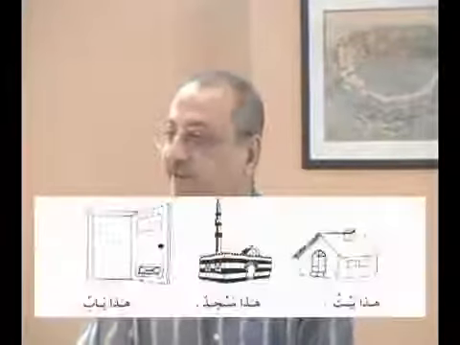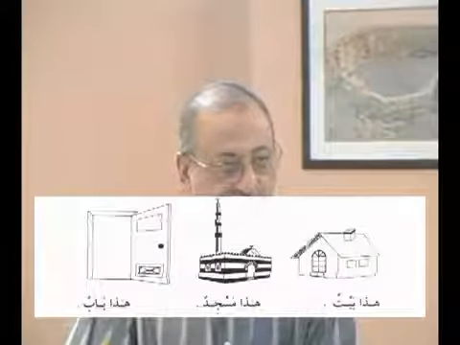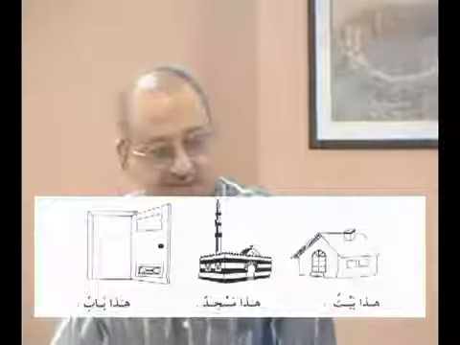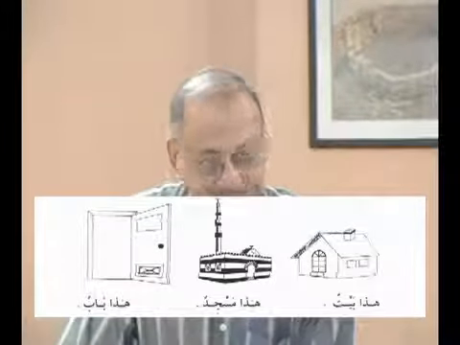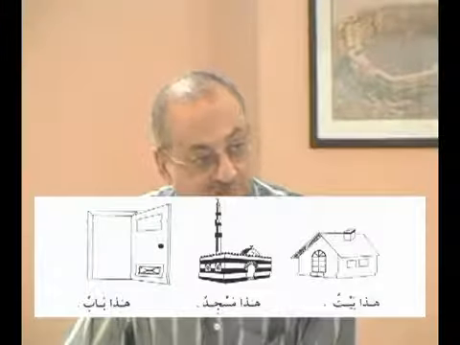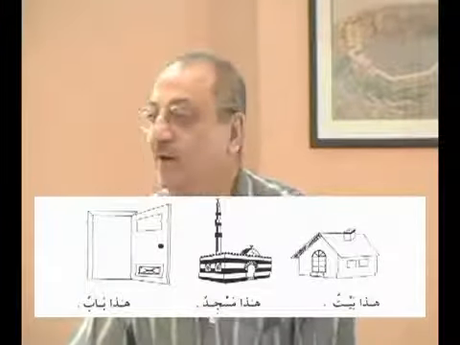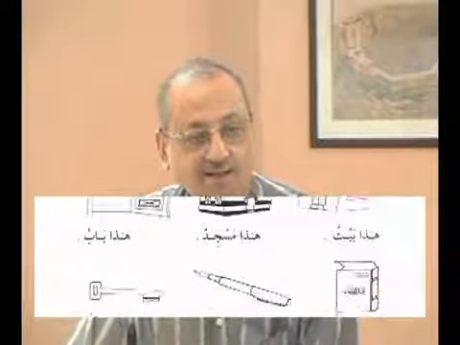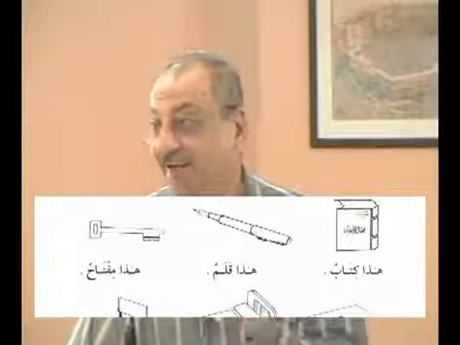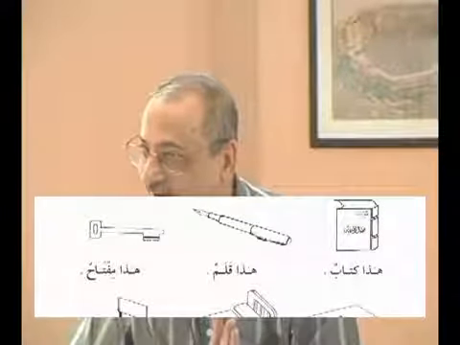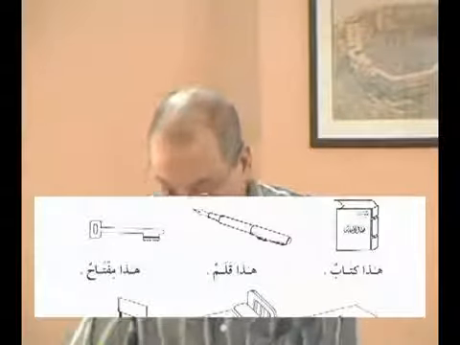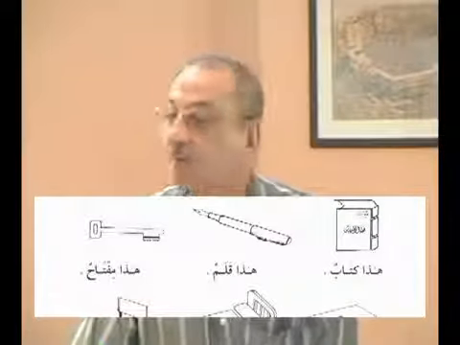So the first picture says Haza Baitun. What is the next one? Haza Masjidun. The next? Haza Babun. Haza Kitabun. You will have to say bun properly. Remember, dun dan din. Haza Qalamun.